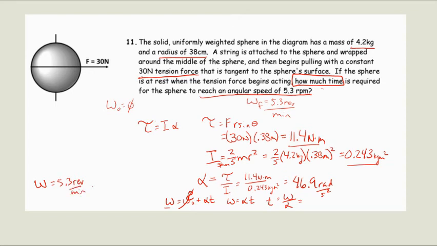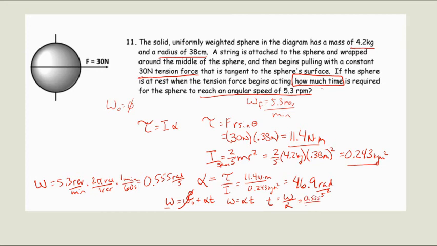So if I convert that, I have 2 pi radians per 1 revolution, and 1 minute is 60 seconds. So I end up getting that value is 0.555 radians per second.